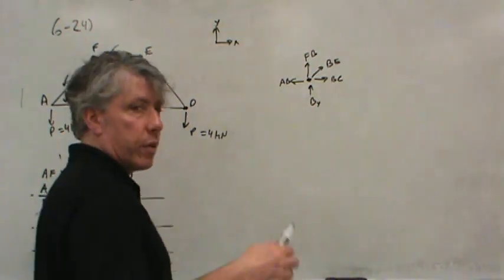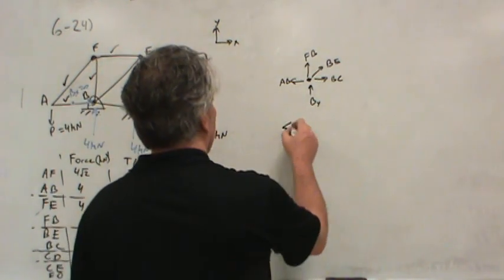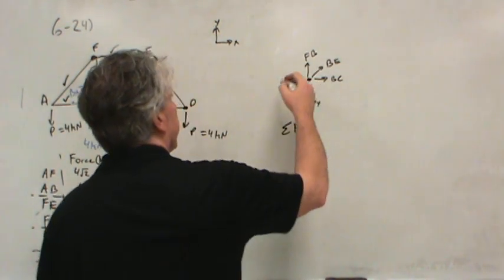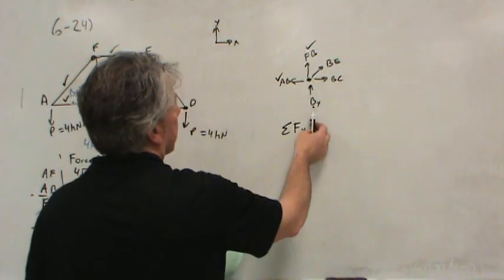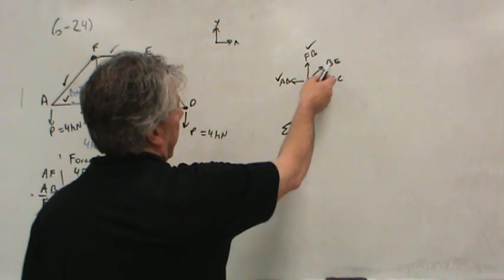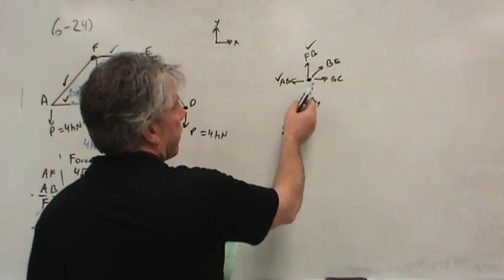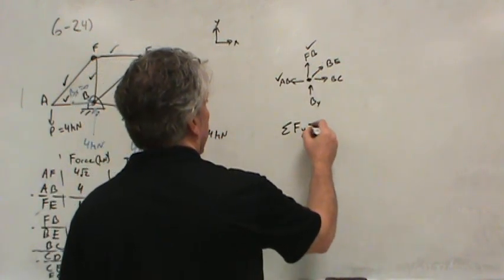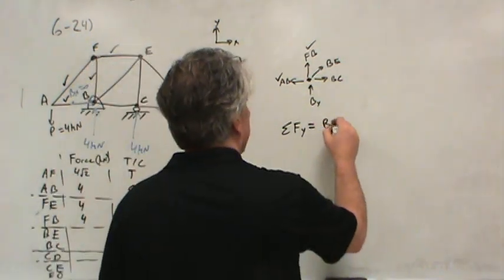So I just draw it in the direction that I know it actually acts, okay? So if I sum forces in the y direction, why would I do that? Well, I know AB, I know FB. So if I sum forces in the vertical direction, I can calculate BE. BC will not appear in the equation, whereas both BE and BC will appear in the equation for the horizontal sum of forces.